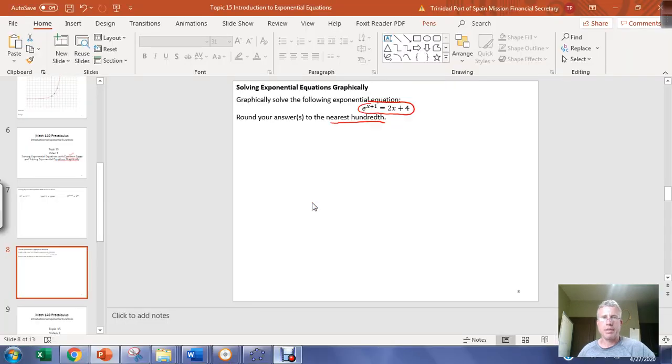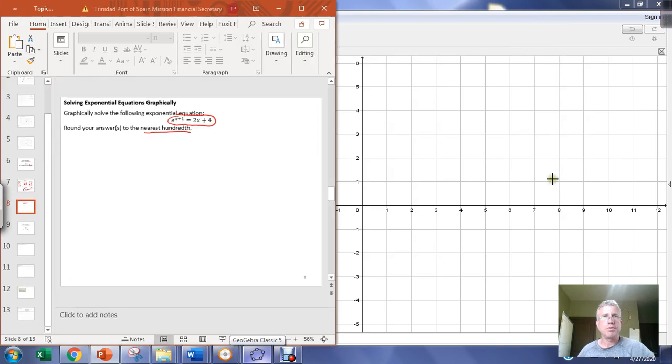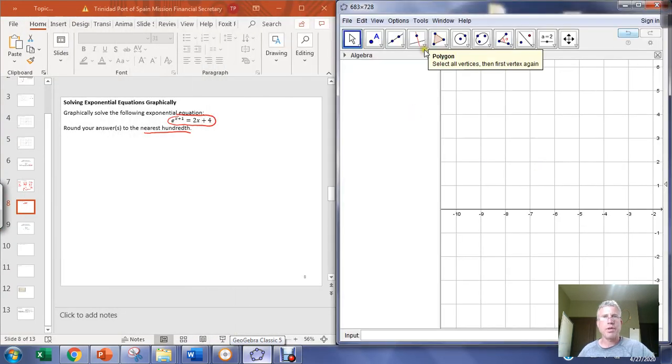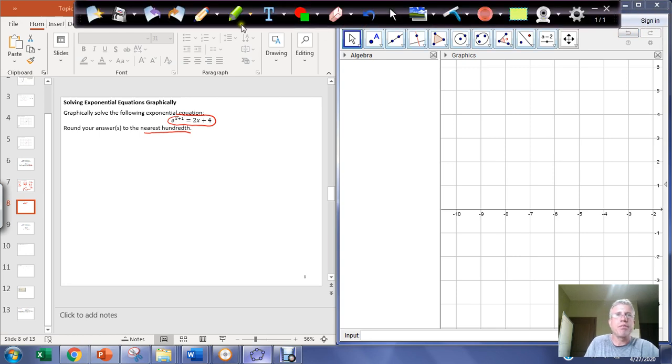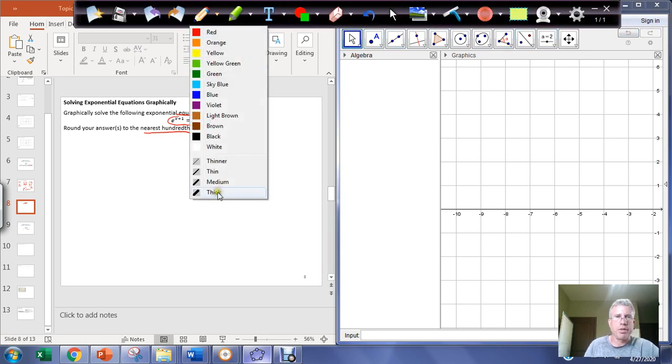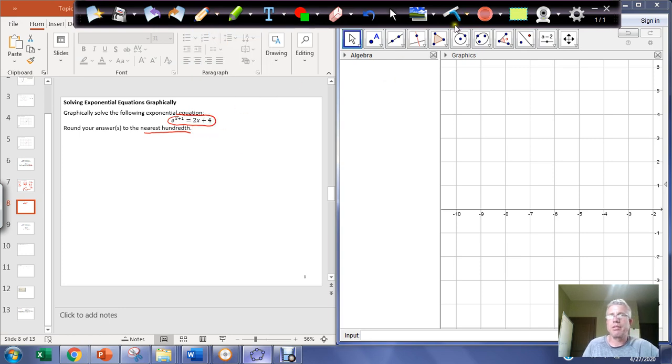Let's sneak into GeoGebra, as we just want to graph the two sides. So I can take GeoGebra and open it. I'm using, again, GeoGebra Classic 5 as my tool of choice. I know a lot of you didn't have graphing calculators before the virus put us all in quarantine.